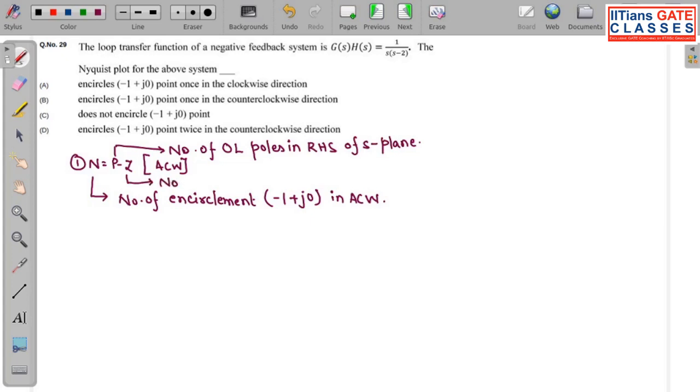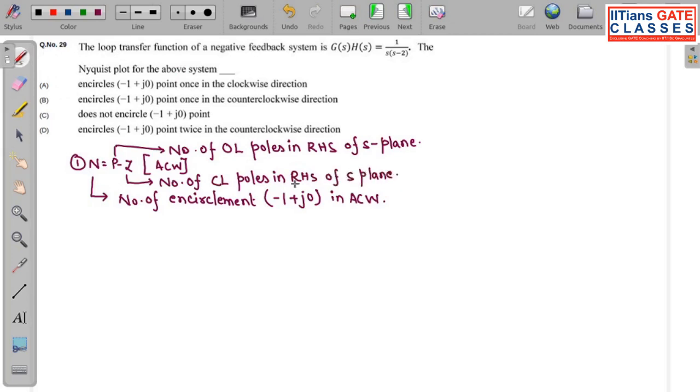Z is number of, sorry, not open loop, this should be closed loop. Number of closed loop poles in right hand side of S plane.